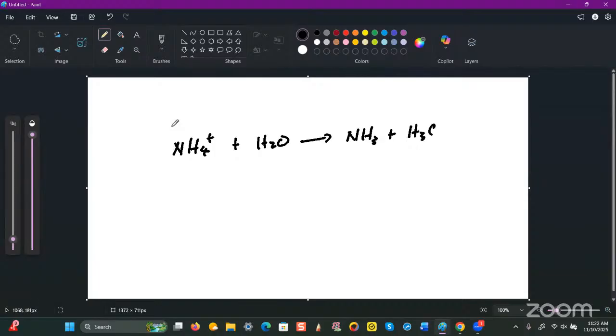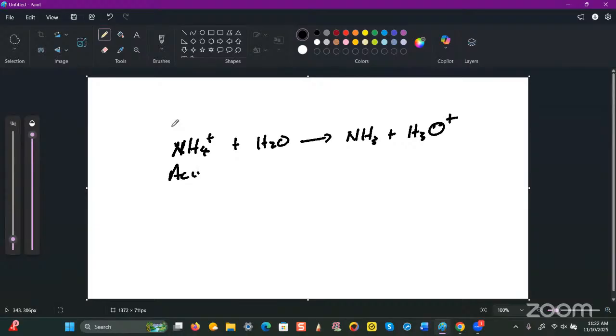Now, in this case, the ammonium is giving up its hydrogen ion to the water to form the hydronium ion, and ammonia will be formed as well, because when this loses the hydrogen ion, you end up with this. So we can identify that this is acting as an acid.